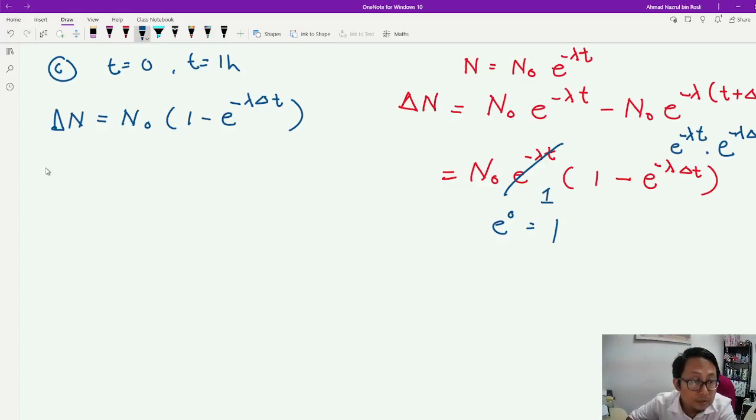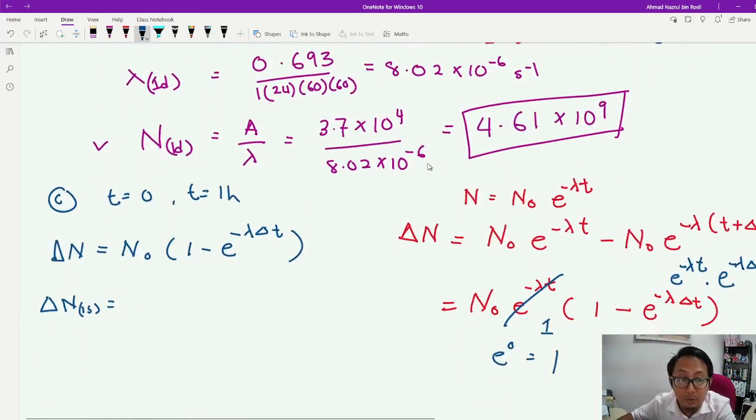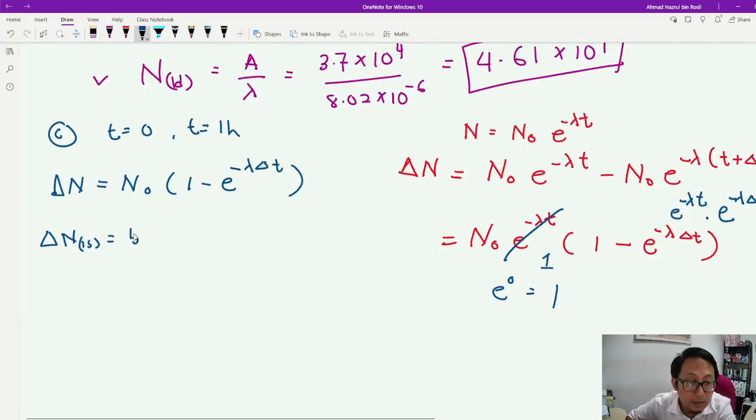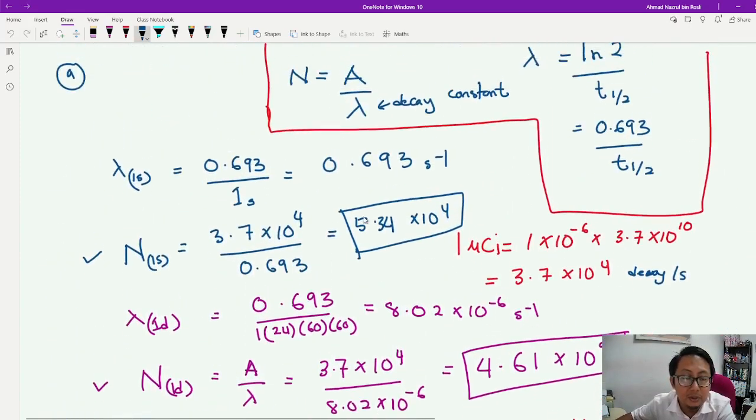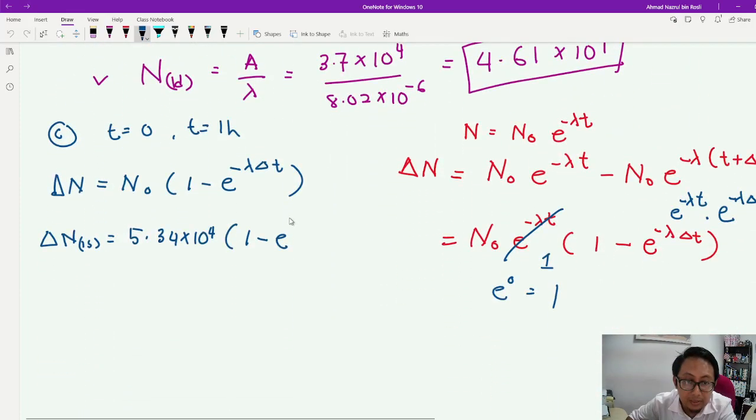First calculation: delta N for 1 second. We are using the same values. N for 1 second is 5.34 times 10 power of 4. We have 1 minus exponential minus lambda delta t, where lambda for the 1 second source is 0.693.